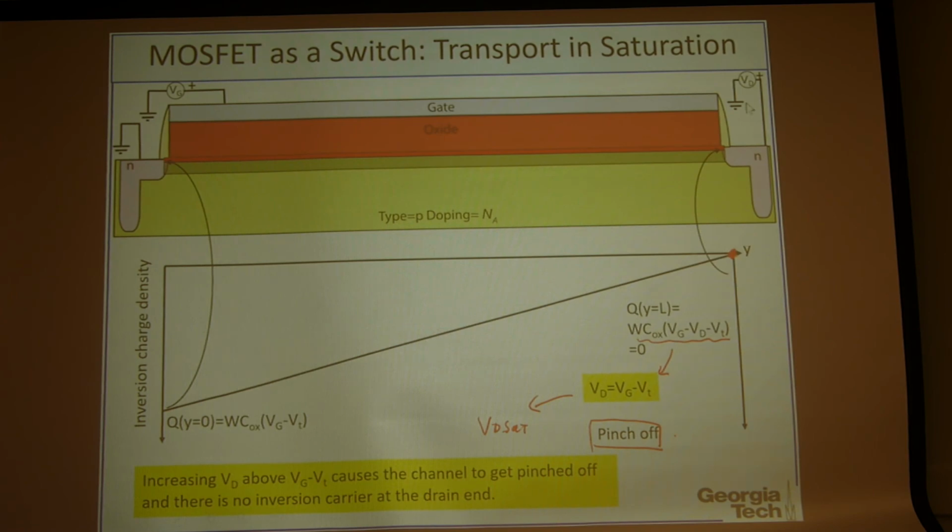So above the Vd sat, if you further increase the drain voltage, because here the charge becomes 0, the current will no longer increase. So whatever charge you have in the channel will quickly be swept to the drain, and then you don't have the current increase anymore.